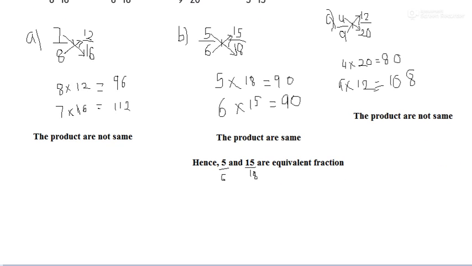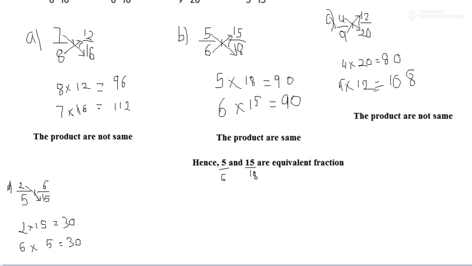So next the D bit is 2 by 5 and 6 by 15. Multiply 2 into 15, 30. So 6 into 5 is 30.